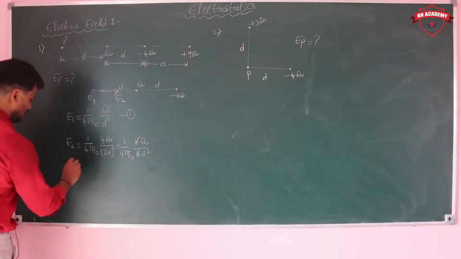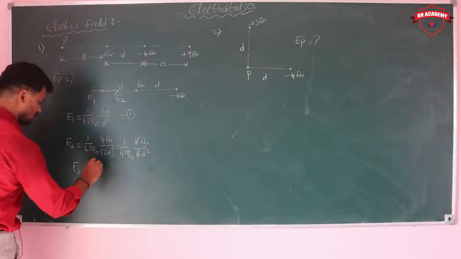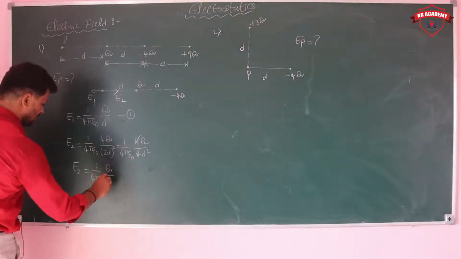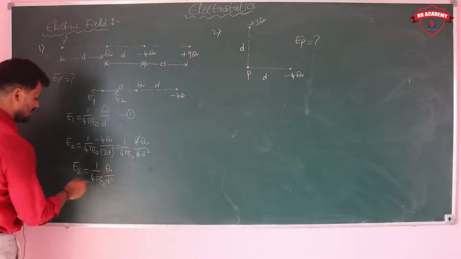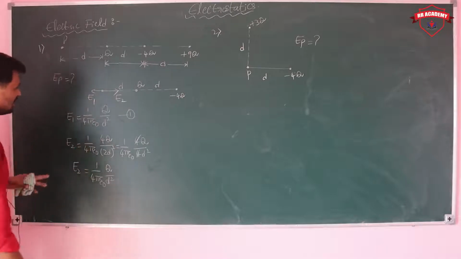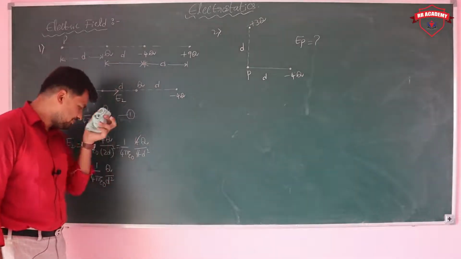So what is the value you got? E2 is equal to 1 by 4 pi epsilon naught Q by D square. If you want, you can mention minus. The minus represents the opposite side. No problem, you can take it because we already mentioned the direction.